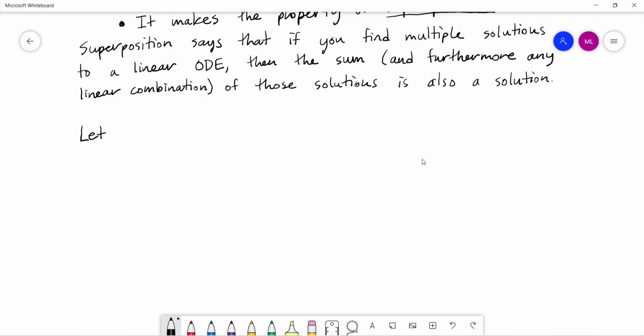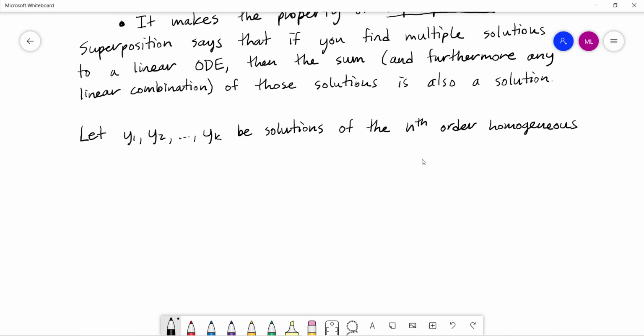So let's let y1, y2, up to yk all be solutions to the nth order homogeneous ODE, and it's also linear, the linear nth order homogeneous ODE given by L of y equals 0.